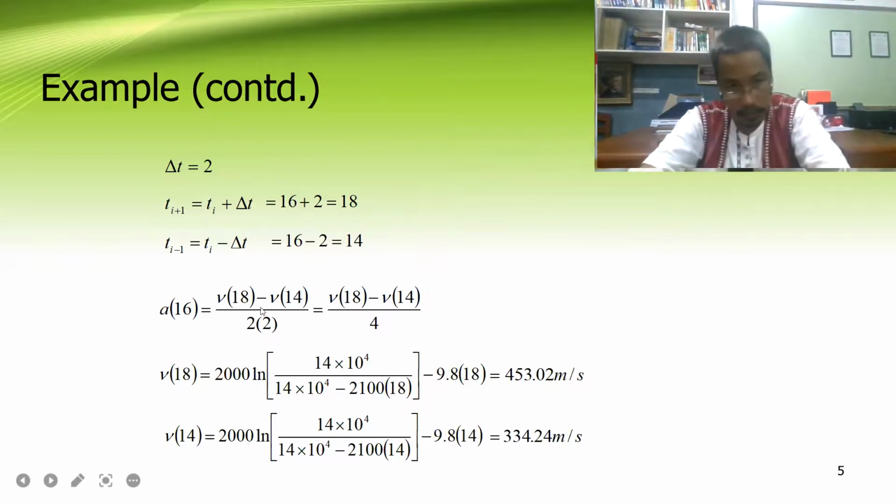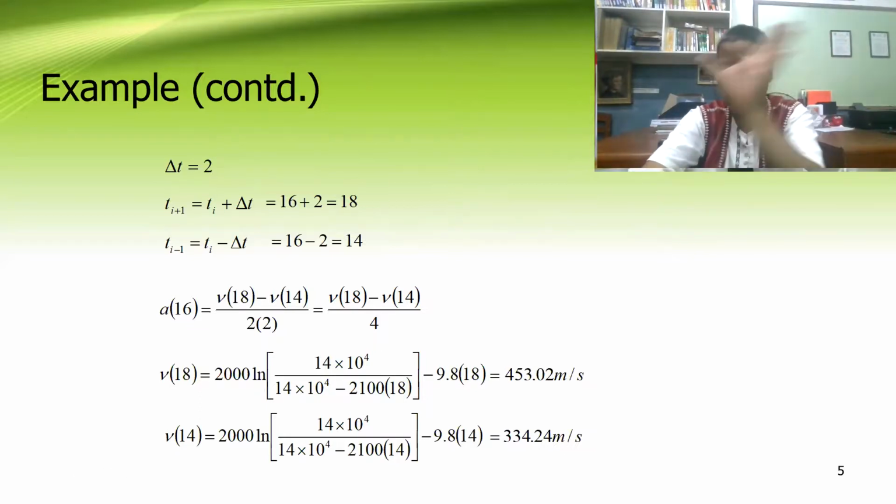So let us solve initially the velocity at 18 and velocity at 14, because we want those in order to finally solve the acceleration at 16, which is this equation. Velocity at 18 minus velocity at 14 divided by 4 rather than 2.